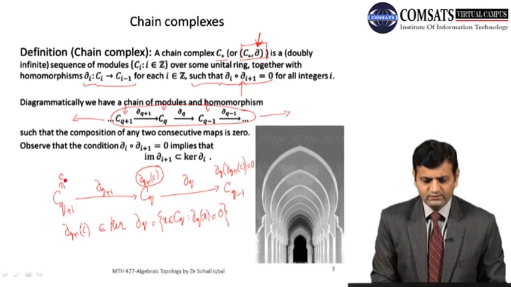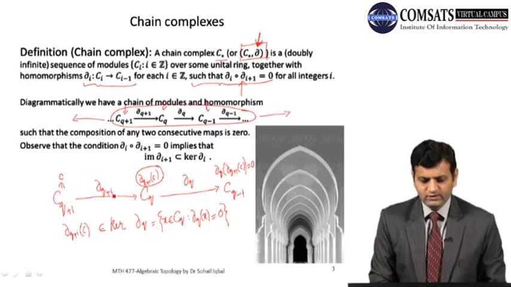Whenever I take elements of C_{q+1} and find their images in C_q, those elements belong to the kernel of partial q. I didn't impose any condition on c, so c is any element of C_{q+1}. Take any element of C_{q+1}, apply partial q plus 1 on it, and we get an element of C_q.